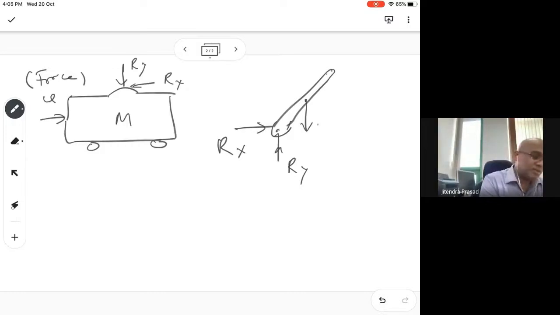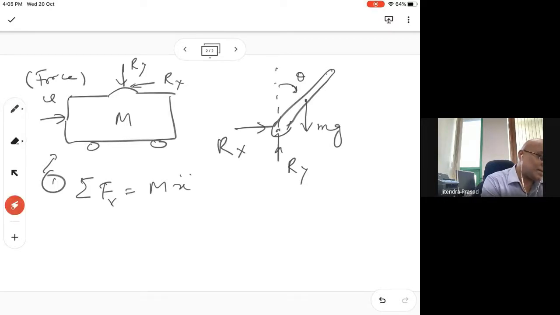And then there will be mg because of the gravity. Now equation is from here. So this is theta, like this one. Looking at the cart, in the x direction, total force equals M times x double dot, right?